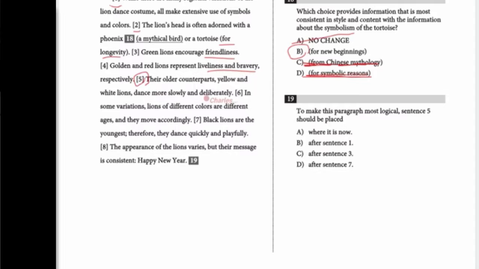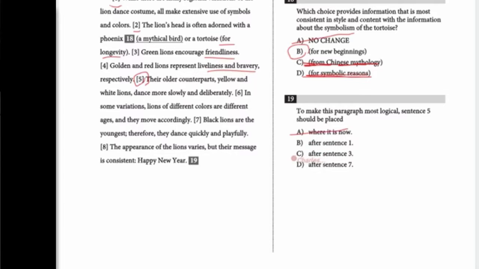So it's not talking really about the purpose of the colors. So it's not where it is now. Could it be after sentence 1? Well, there are many regional variations of line dance and all these colors. Their older counterparts, possibly. Talk about older counterparts, and maybe that's at the beginning.